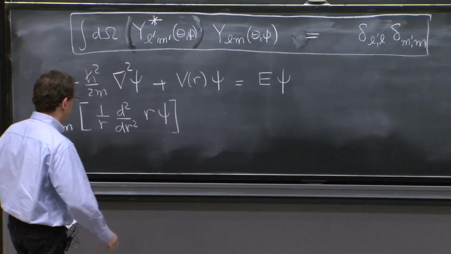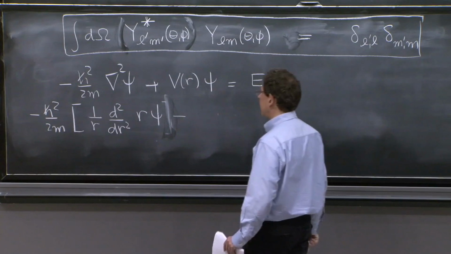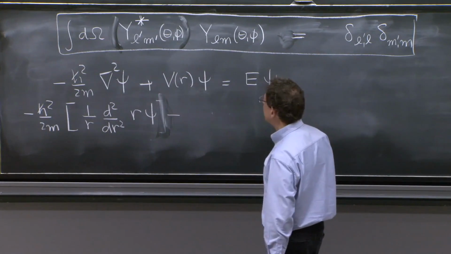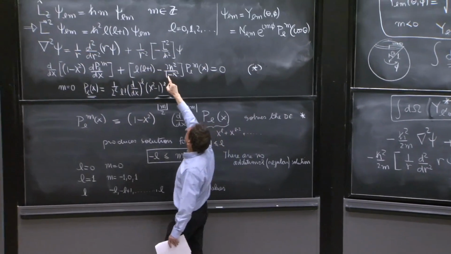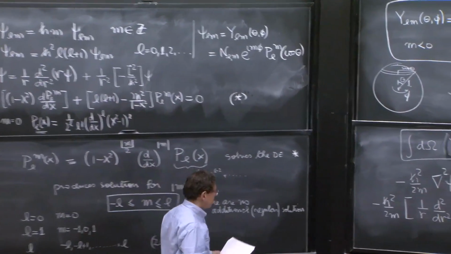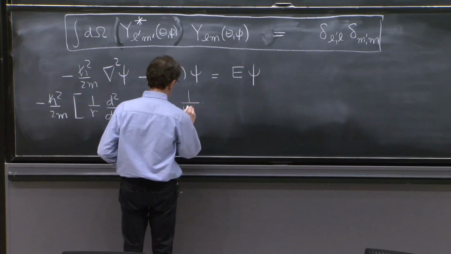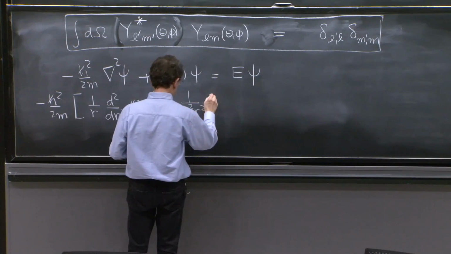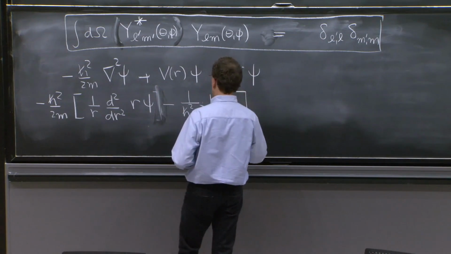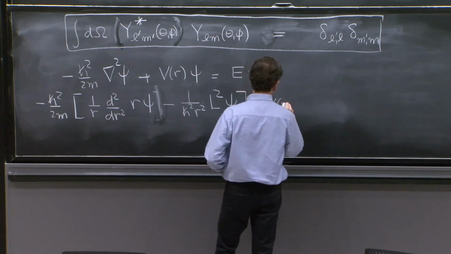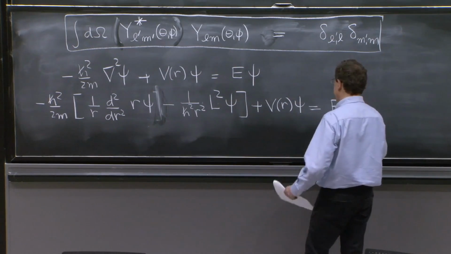Well, I won't close the bracket here. Minus this term. So I'll write it minus 1 over h bar squared r squared L squared psi, plus V of r psi is equal to E psi.